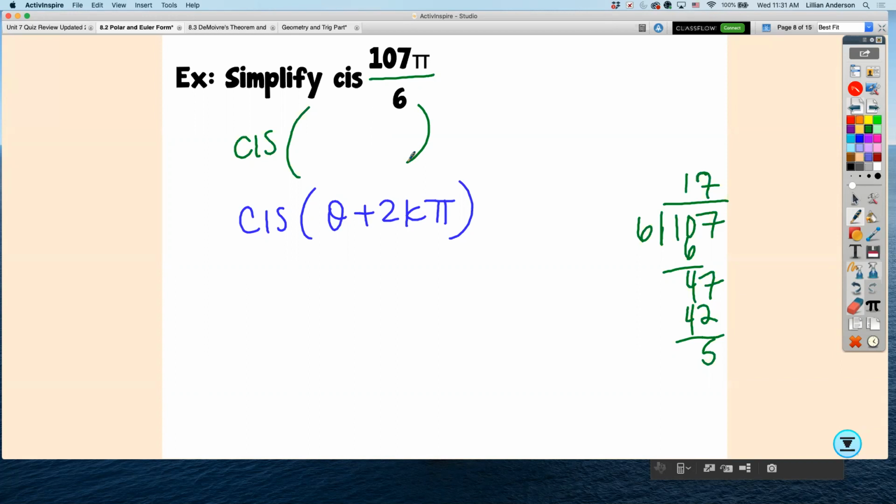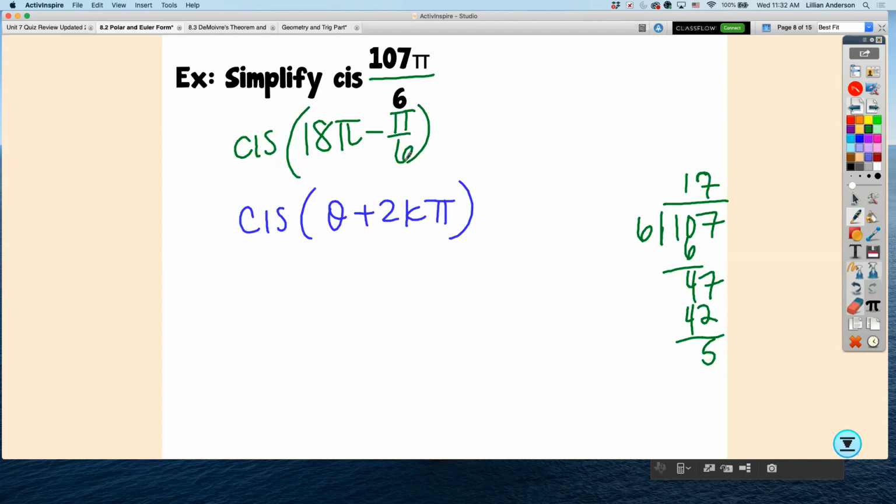Because already at 17, I'm at 5 pi over 6. So if I decrease it, it's going to increase the remainder. So if I do 18 pi, then all I would need to do is subtract how many pi over 6's? 1.